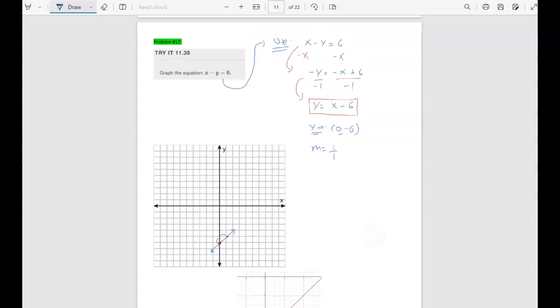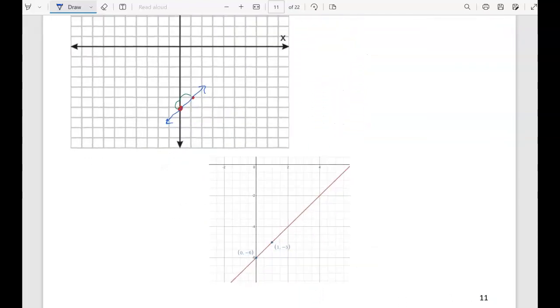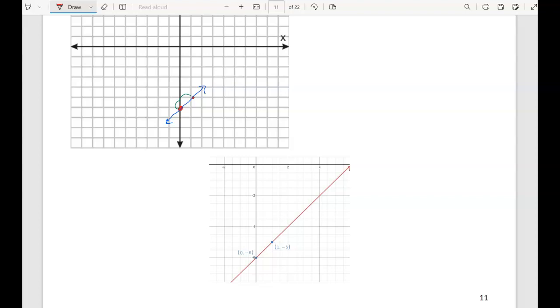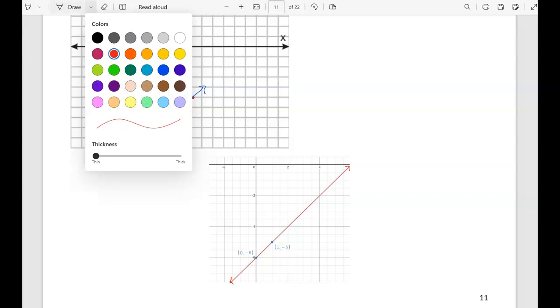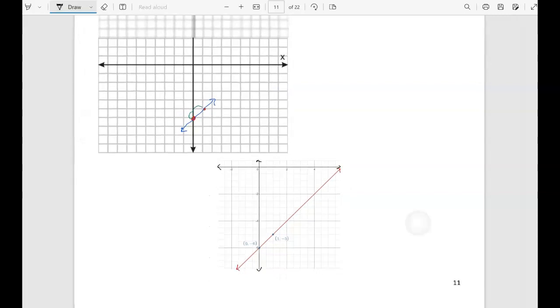Let me show you what this one looks like with technology. Here you see the 2 coordinate points. I used technology to graph it. Let me put the arrows on the line, and also on the axis. But that's actually it for this one.